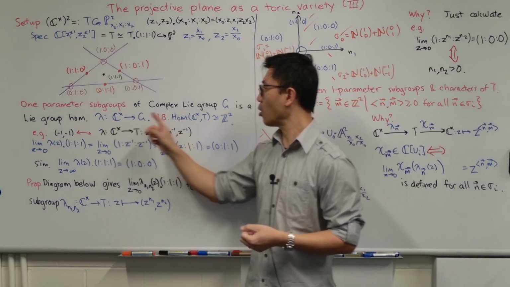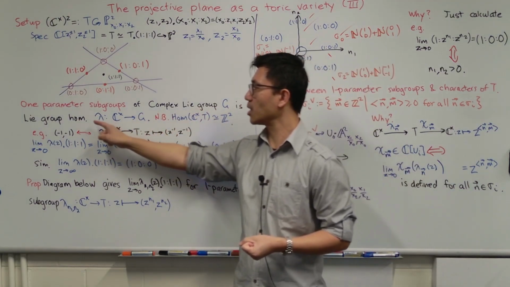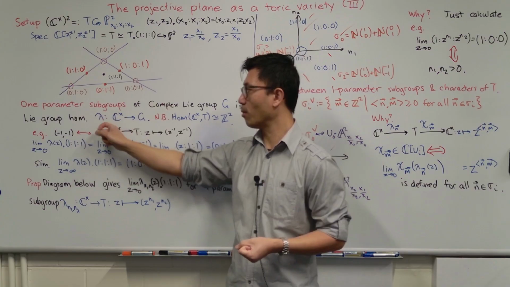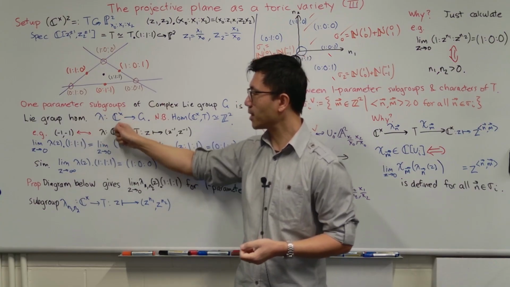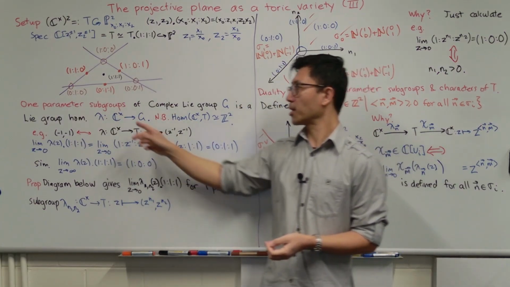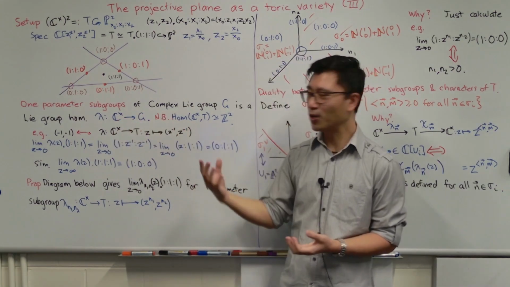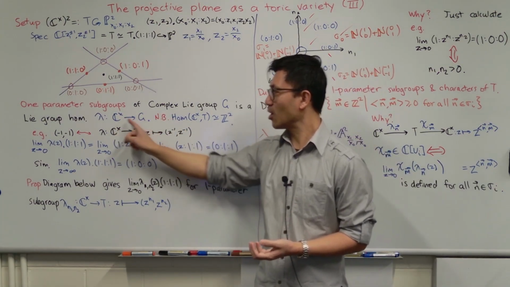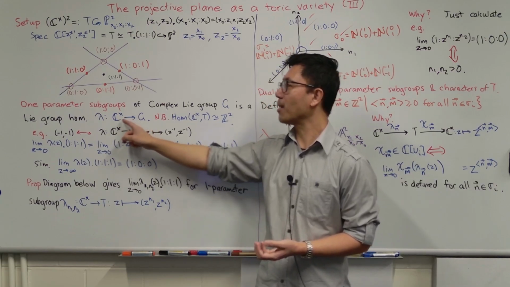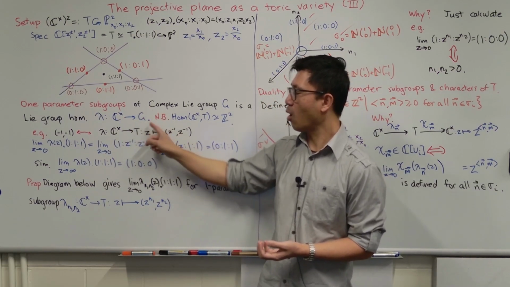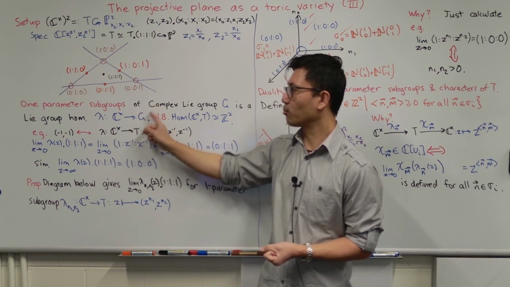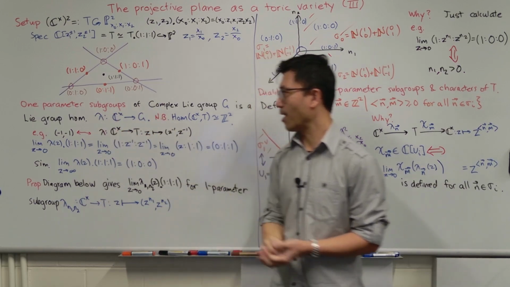And a one-parameter subgroup is just a complex Lie group homomorphism lambda from C cross to G. Technically it's not a subgroup, but the image of this, unless this is trivial, and we include that case, will be some sort of one-dimensional subgroup that you get as the image of this lambda.